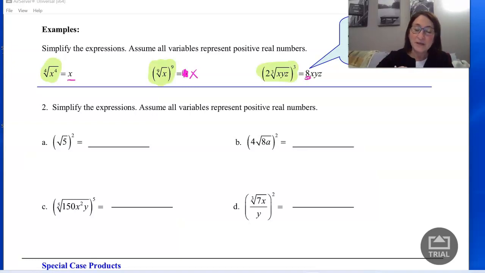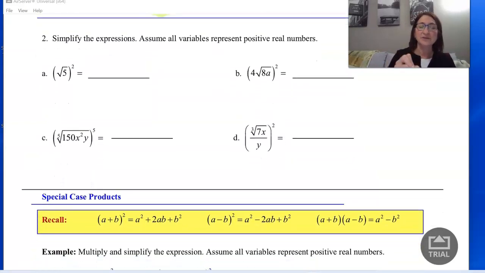And then because my exponent is the same as my index, then that is going to give me xyz. So my simplified form is xyz. Whew.